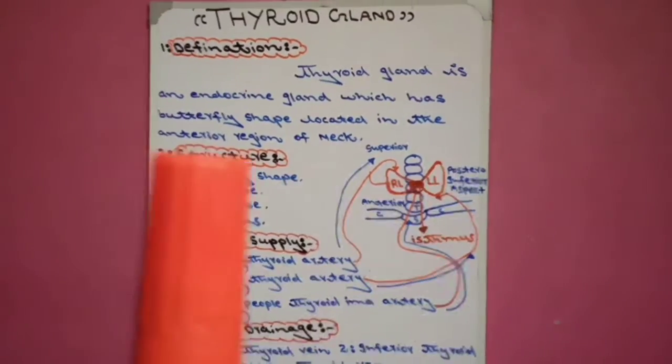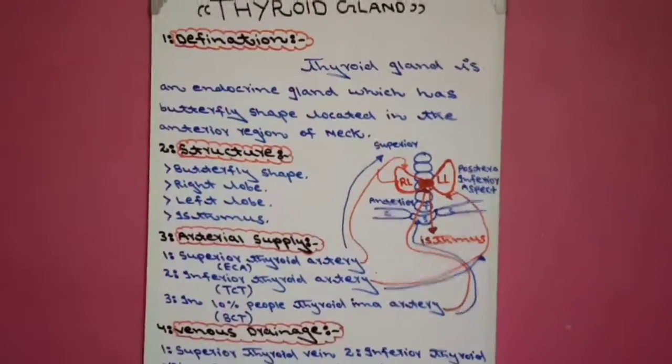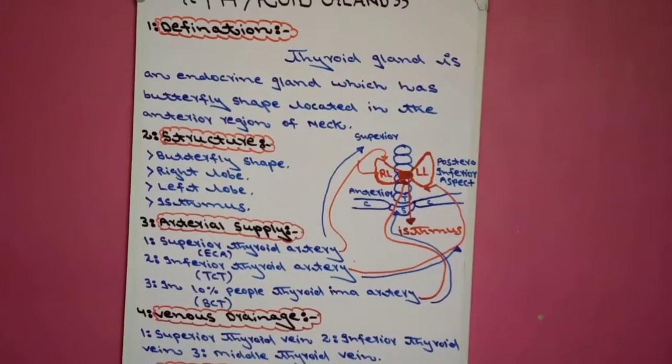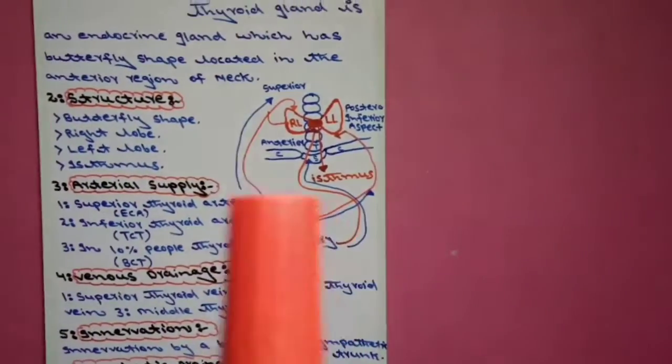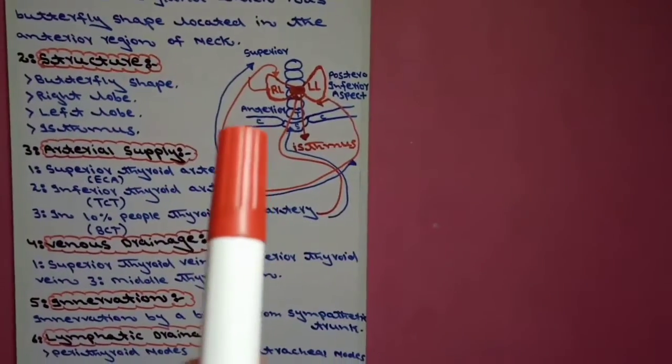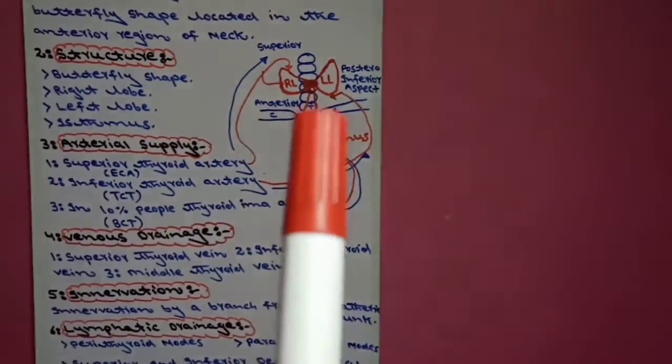Now come to the structure. This is the structure of thyroid gland. This is clavicle on both sides, and this is sternum.